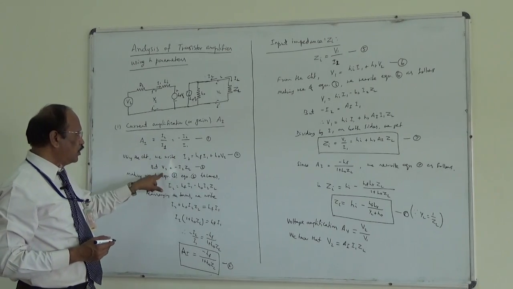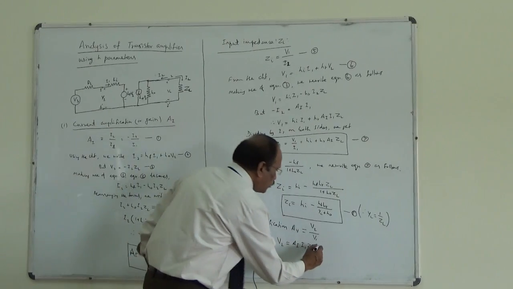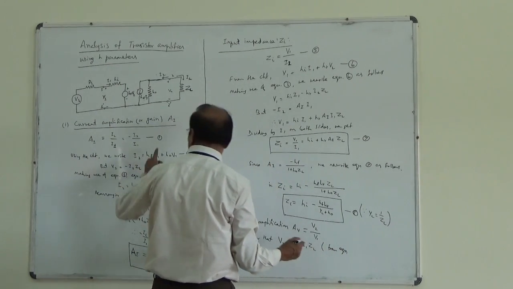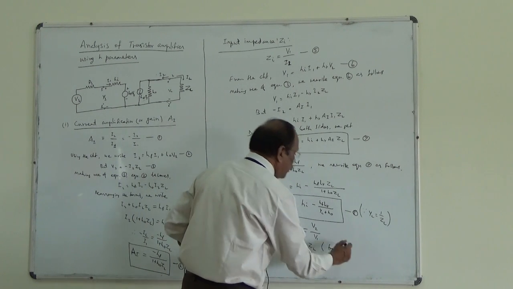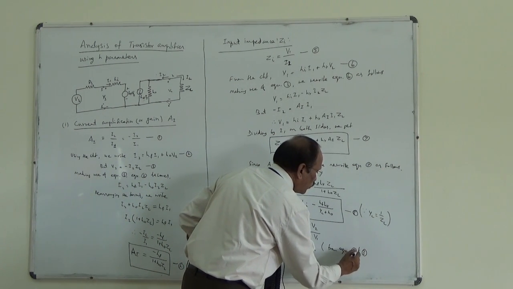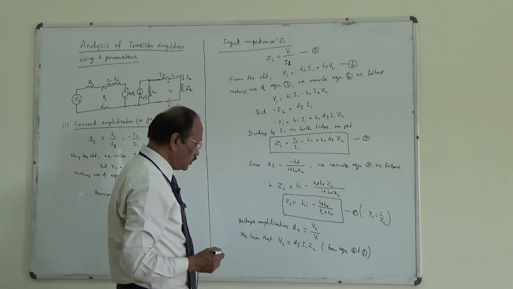From equations 1 and 3 we can write V2 equal to A into I1 into ZL.